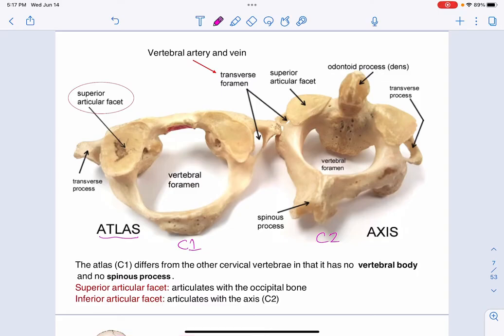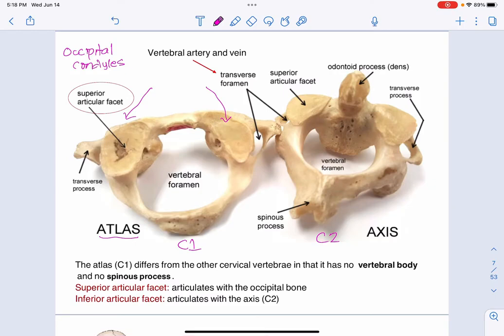If you remember the occipital condyles on the skull, they articulate right here and here with the superior articular facet of the atlas.